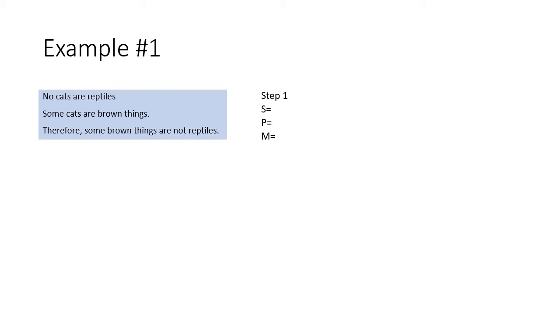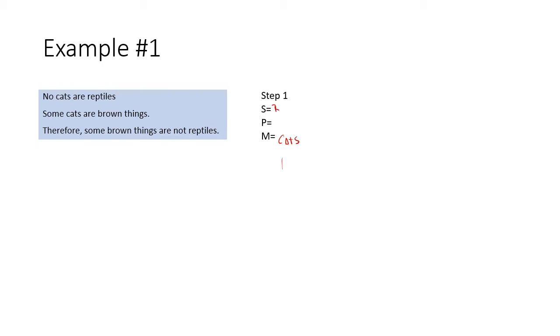So the first thing that you do here is identify those terms. As I said, in this case, the middle term is the thing that's in both of the premises but not in the conclusion, so that's cats. The minor term is the subject of the conclusion, that's the S, so S for subject.